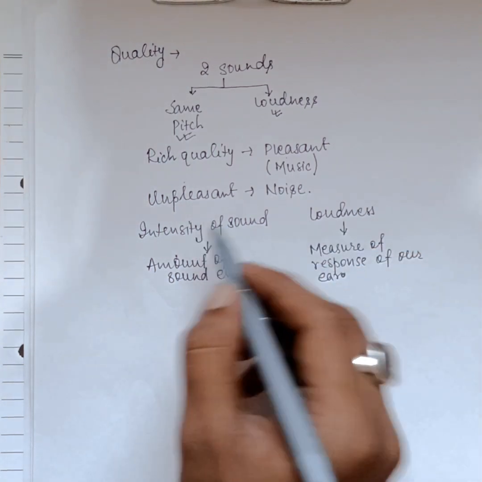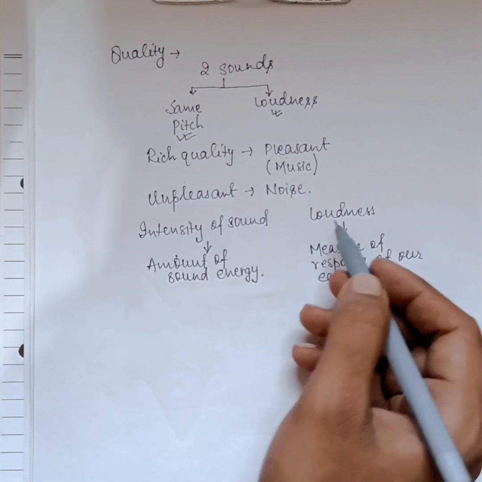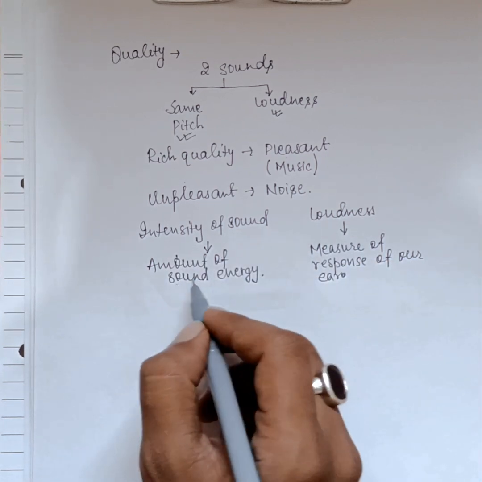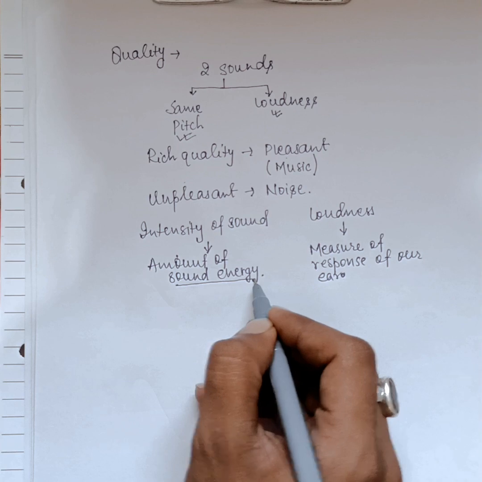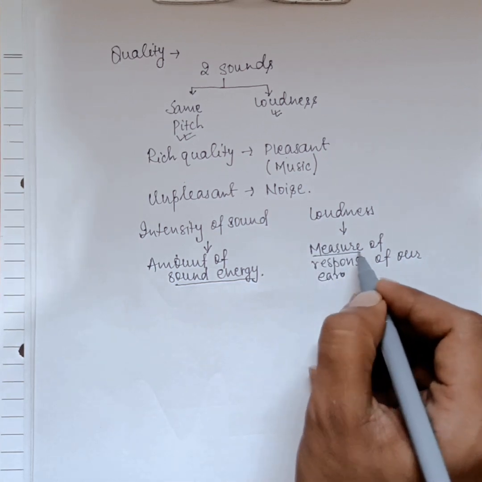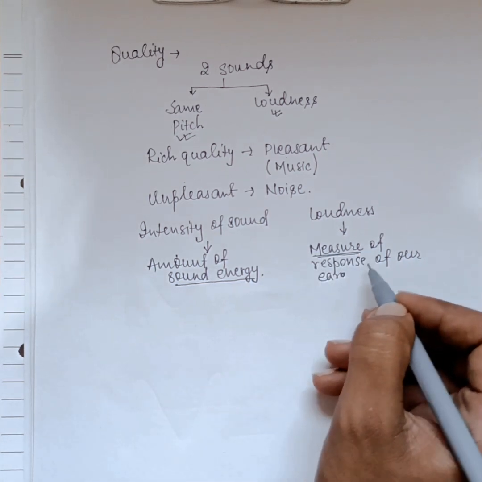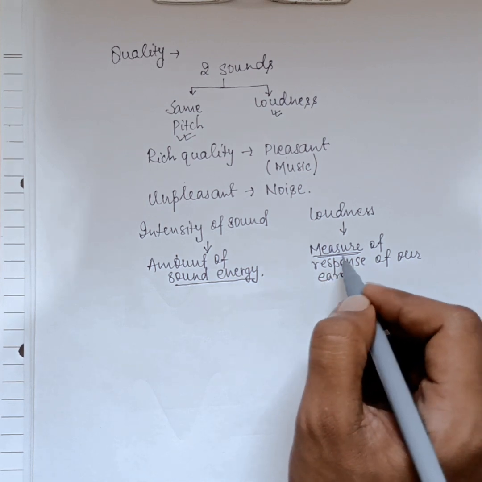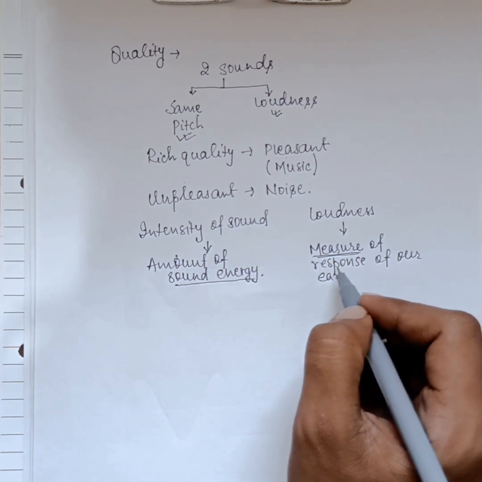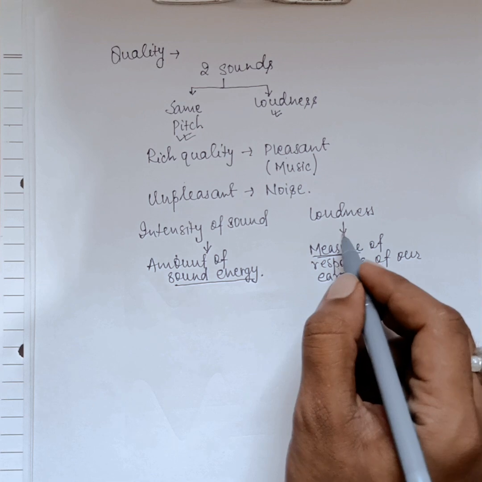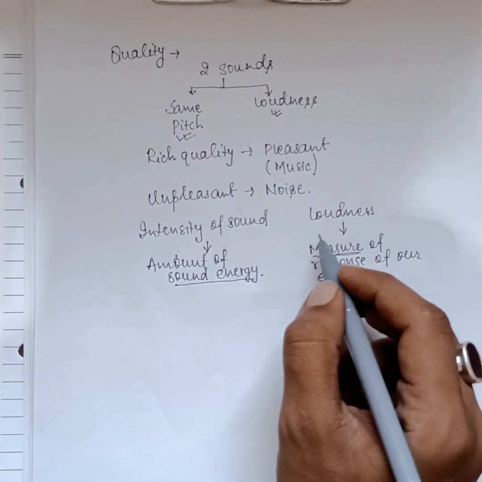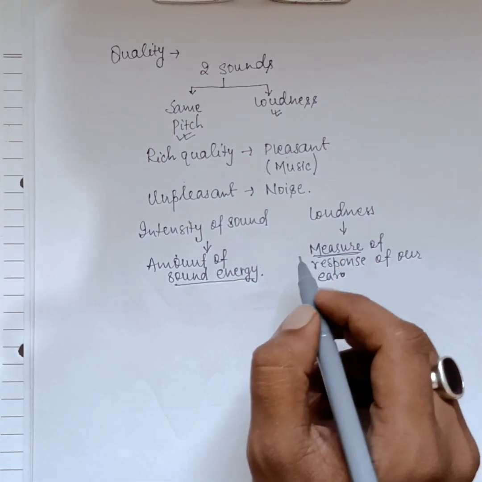So both the things are different, intensity of sound and loudness of sound. Here we are studying the amount of sound energy, and here we discuss the measurement of loudness, which is just a response, how our ear is responding to the sound which is being provided. That's it with the characteristics of the sound wave.